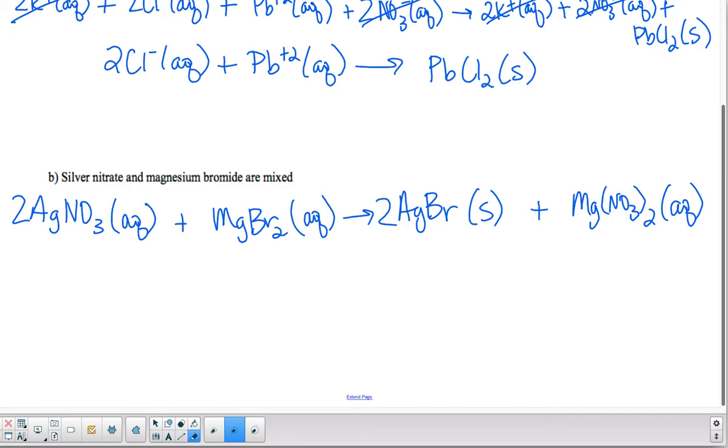Okay, so now I'm going to do my total ionic equation and start busting stuff up. This is aqueous, so I'm going to get 2Ag⁺(aq) + 2NO3⁻(aq) + Mg²⁺(aq) + a big student mistake here is writing Br2. It's not.